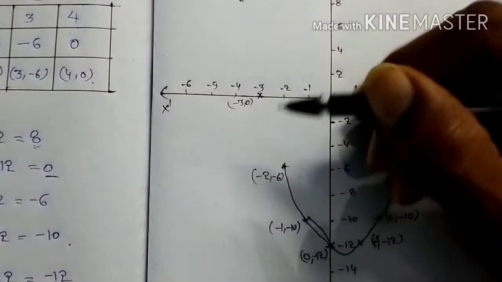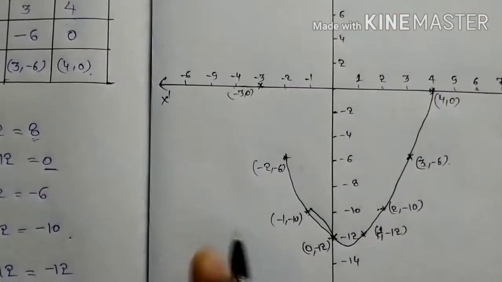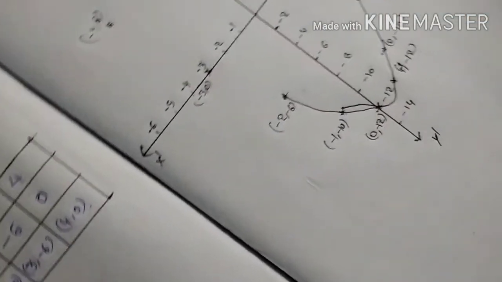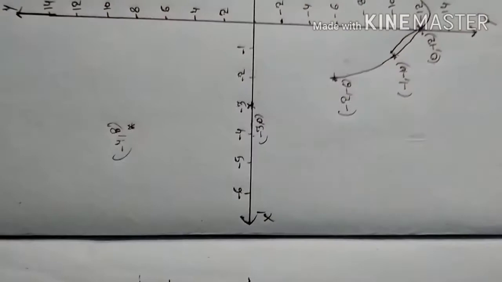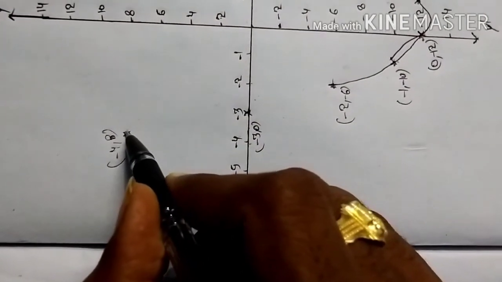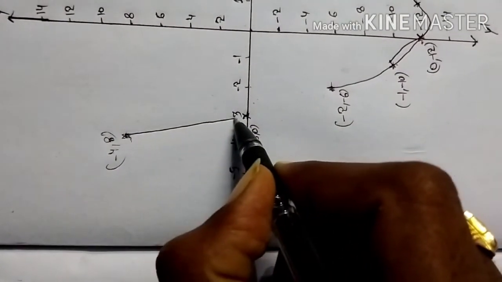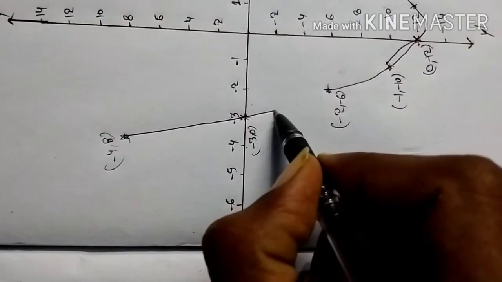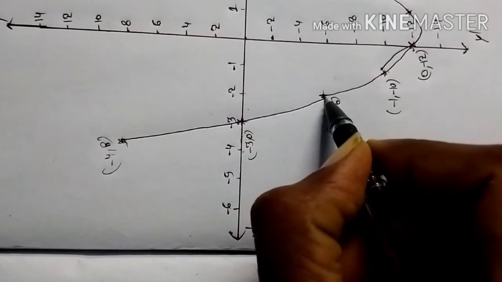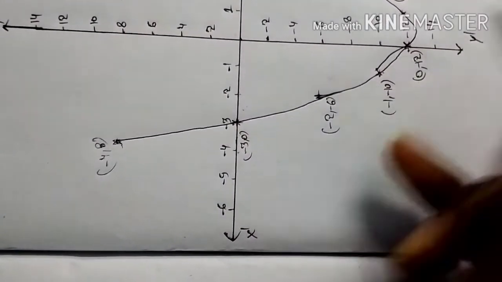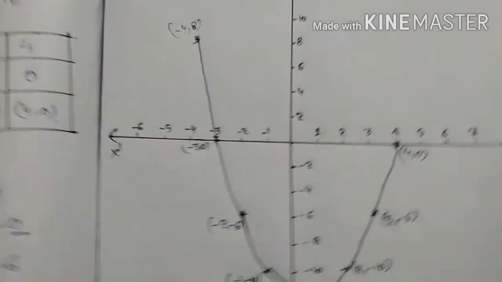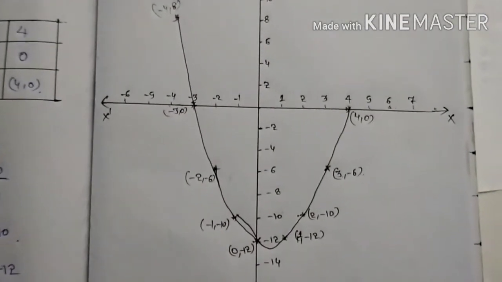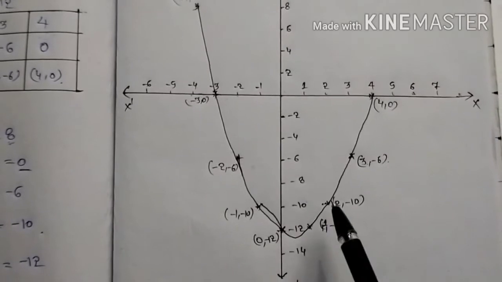You can draw the curves here only, joining points. It is easy, you can draw it. See here, once you observe, this is in the shape of U or not.